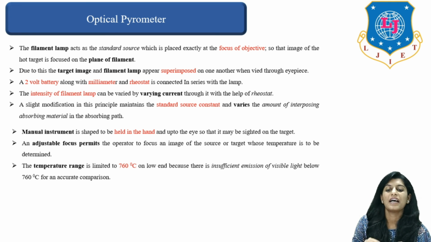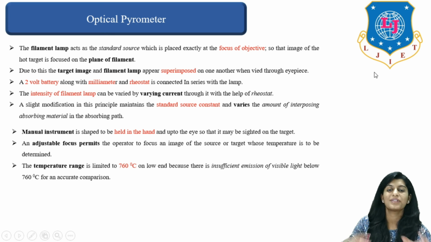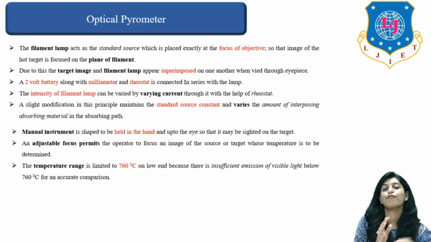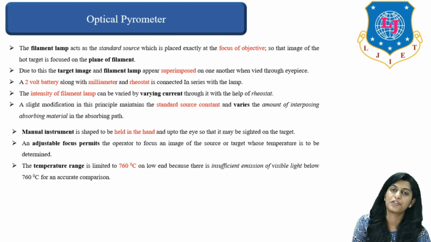This standard source is placed exactly at the focus of the objective, so that the image of the hot target can be focused on the plane of the filament, and due to this the target image and filament lamp appear superimposed on one another when viewed through the eyepiece. A 2 volt battery along with a milliammeter and rheostat is also attached, so that whatever temperature has been detected is transferred in the form of current and given as the temperature which we need to determine.